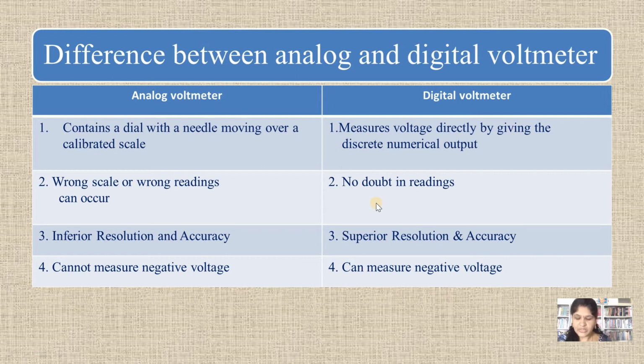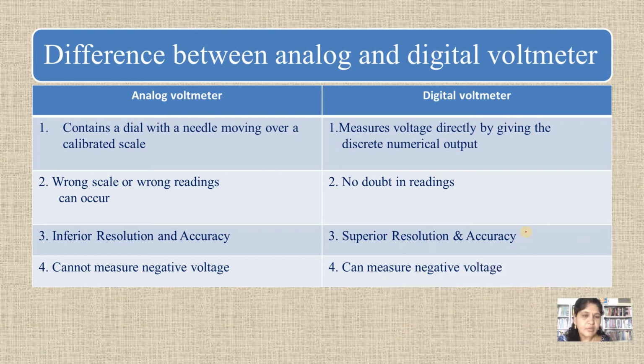Now in the analog voltmeter, the number of scale divisions is limited. But in the digital voltmeter, the resolution is superior and more accurate.